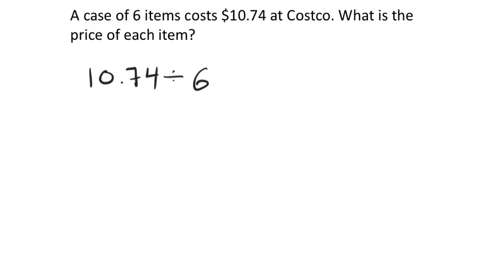It's almost like, if you had this money, you were going to divide it with people evenly. So this is our division, and there's no need to move the decimal because our divisor doesn't have a decimal. So we're going to write this out. We got 10 and 74 hundredths, or $10.74 divided by 6.